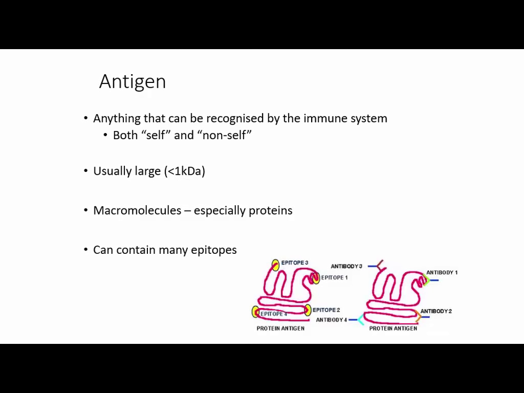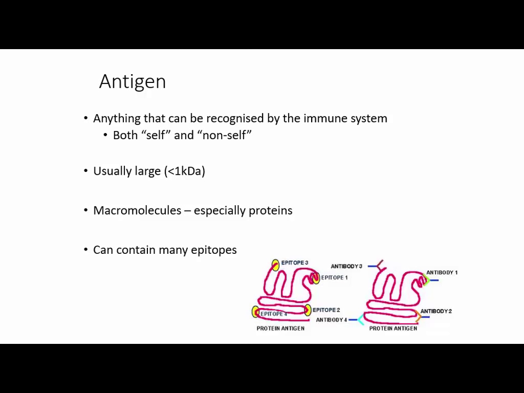Okay, so let's just cover the concept of antigen. Antigen is anything that the immune system recognizes and responds against. One of the difficulties is that some people consider pathogen to be some infectious agent. But we have to appreciate that we actually have self-antigen as well, okay?